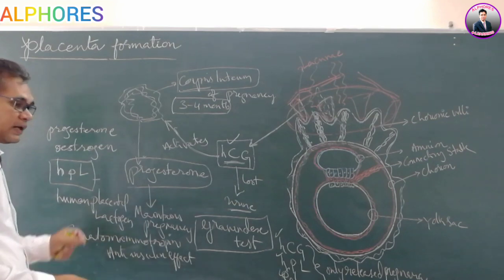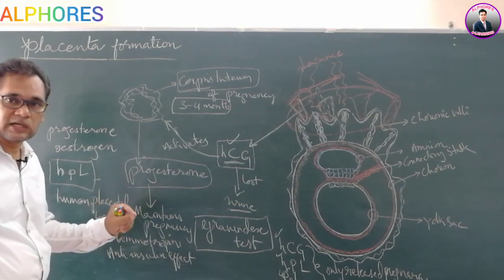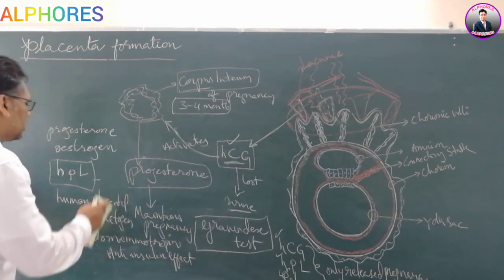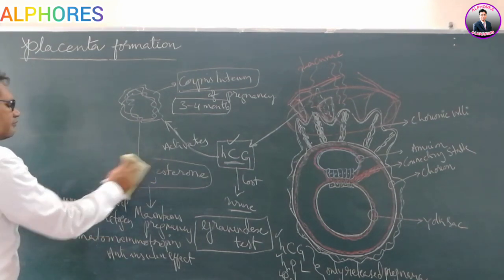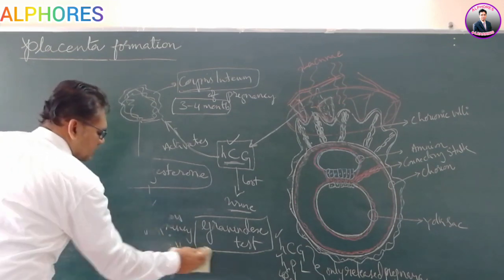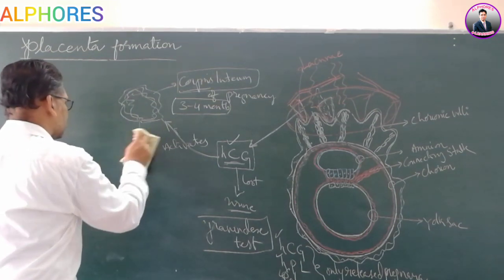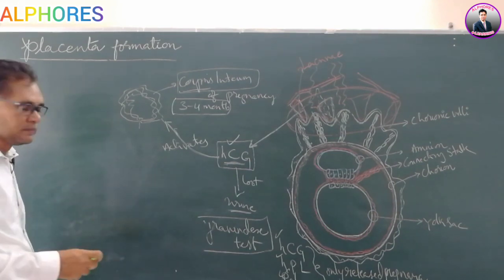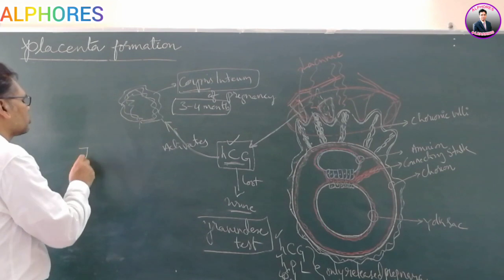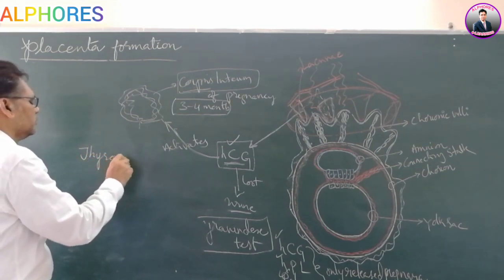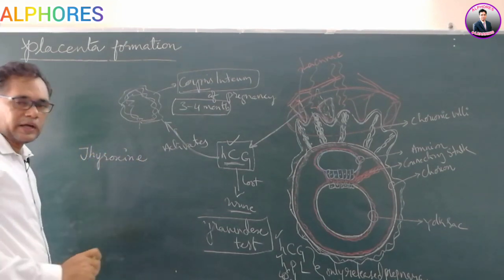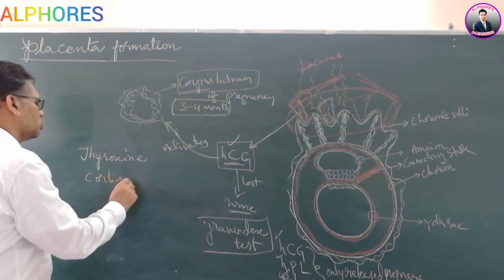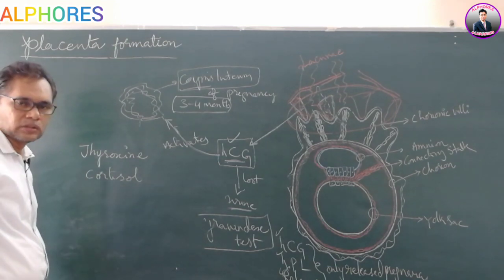Then what are the other hormones which are released and increase in concentration several folds? It means higher concentration during pregnancy. They are thyroxine as well as cortisol.